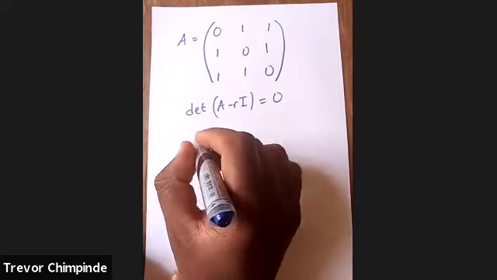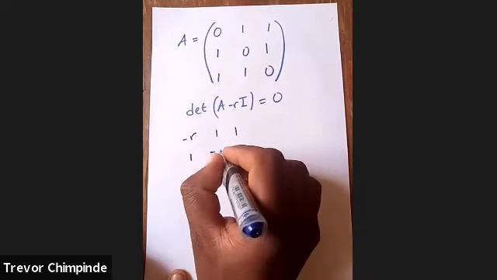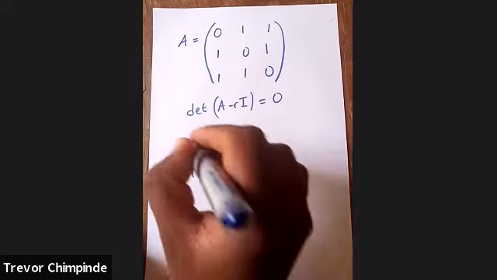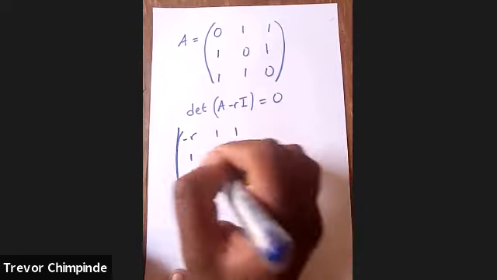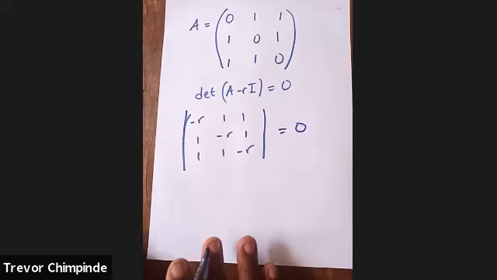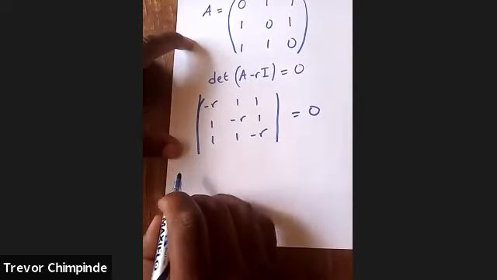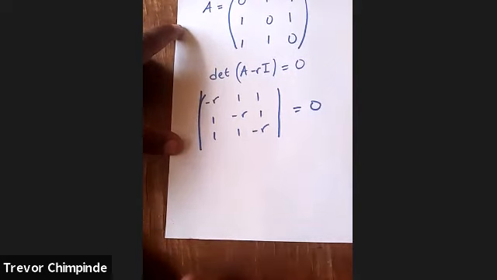So this becomes the matrix with entries minus R, 1, 1; 1, minus R, 1; and 1, 1, minus R. I want to find the determinant of this and equate it to 0. I'm assuming you know how to find the determinant of a 3x3 matrix. Do you?